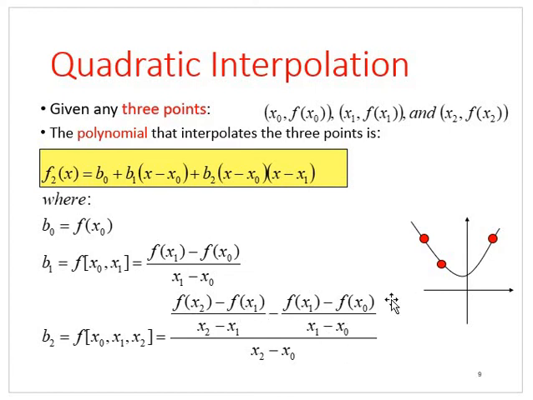So you have got the difference between the gradient x1 x naught and x2 x1. So that's the difference of those.